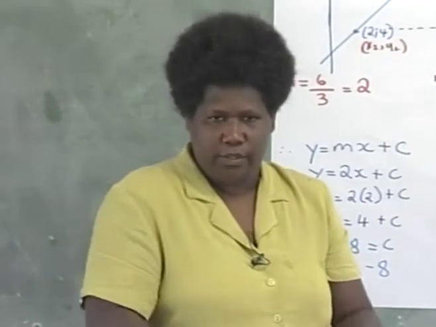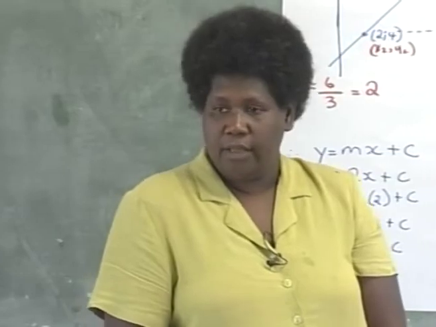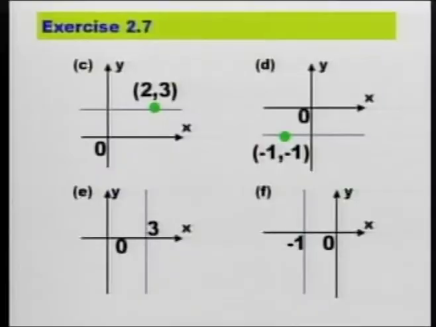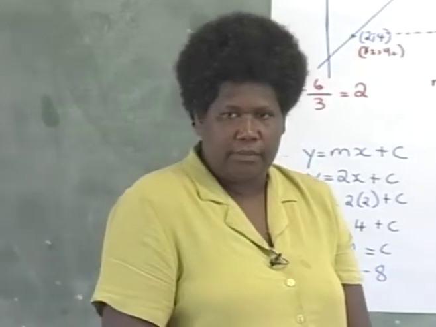Are you sure it's 2? y equals 3. It's the y coordinate for the horizontal axis. So y equals 3 for C. Garonamo, D. y equals -1.